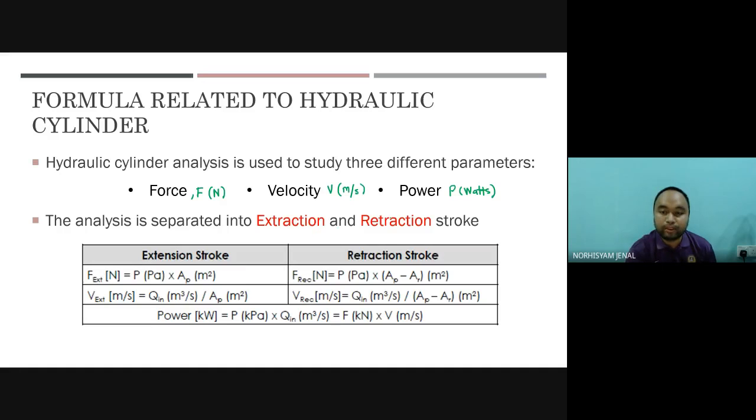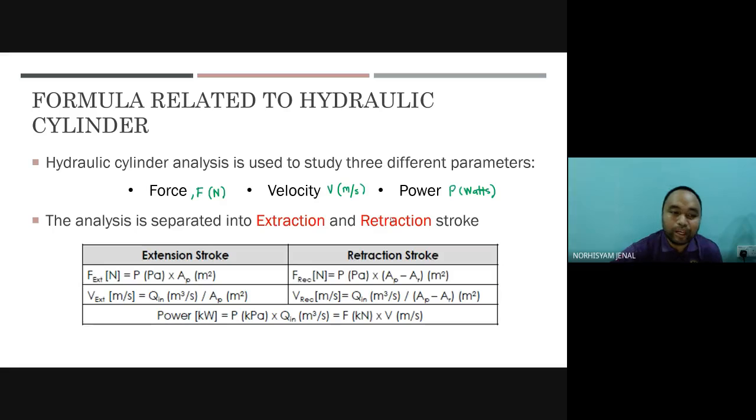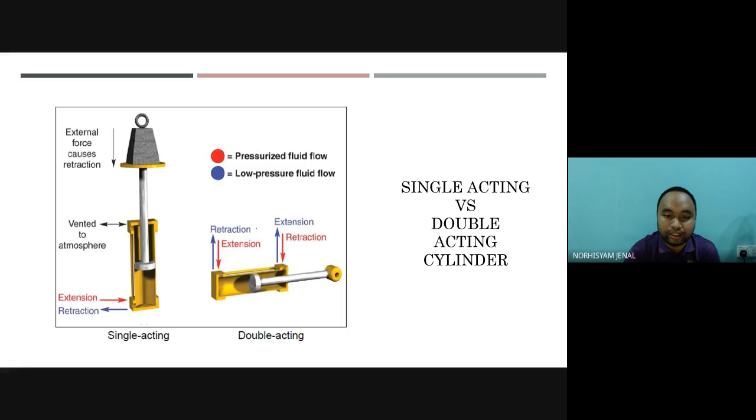Why is it separated between extension and retraction? Let me ask somebody from here. Ashraf bin Muhammad, are you there? Yes, okay. Why is the analysis separated between extension and retraction? I'm giving you a picture here.